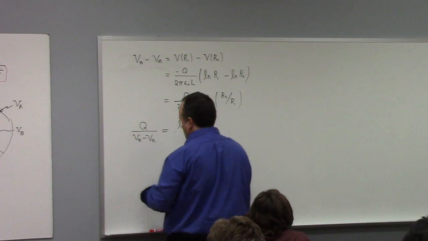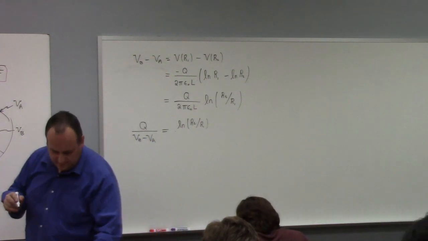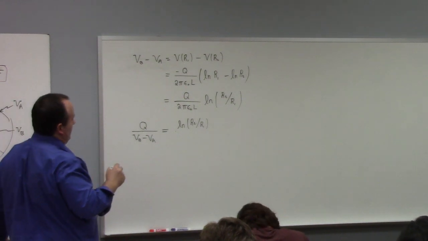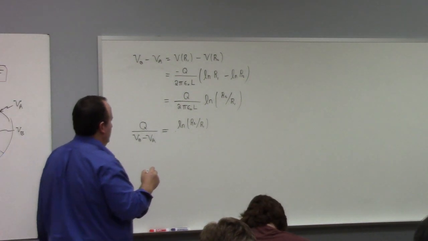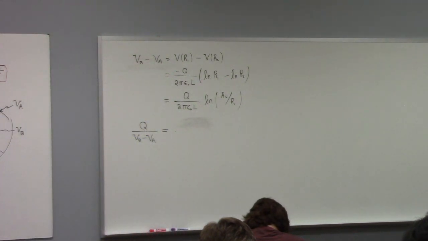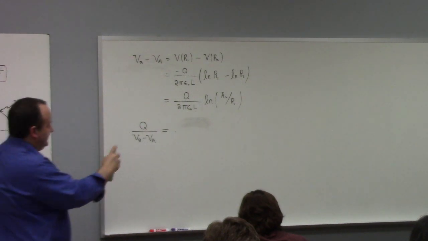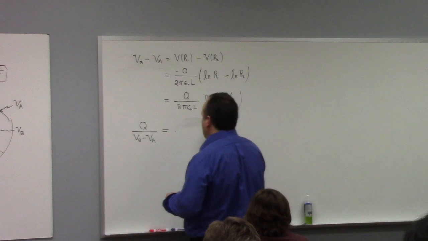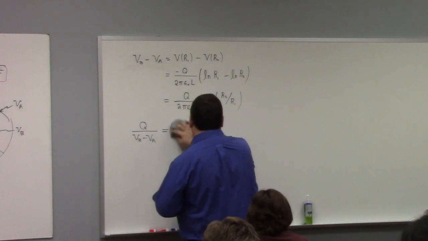Oh man, I can't do math. It's fine. Give me a second here. I'll clean it up. Well, you guys can solve. Do the algebra, right? Solve for Q over the difference in the voltage.